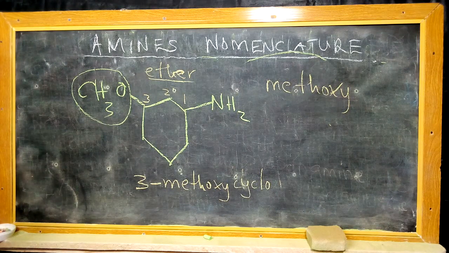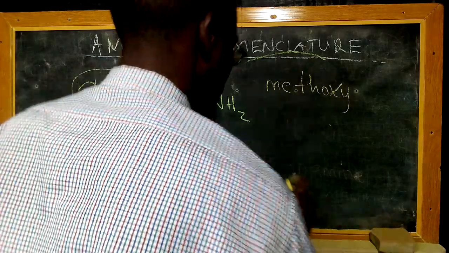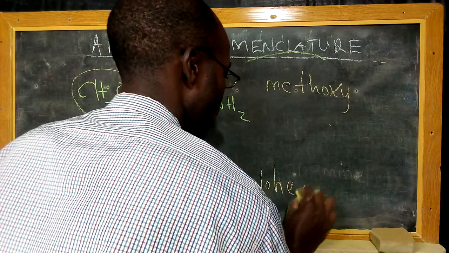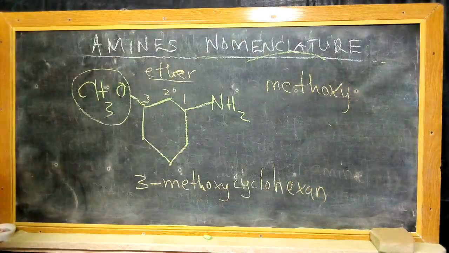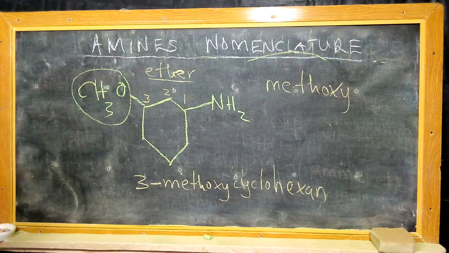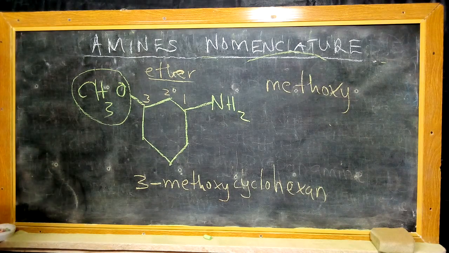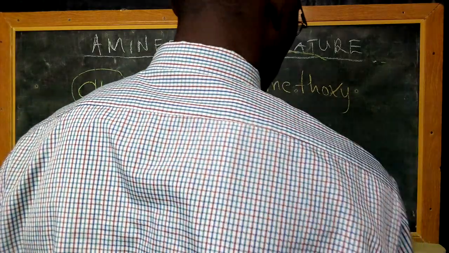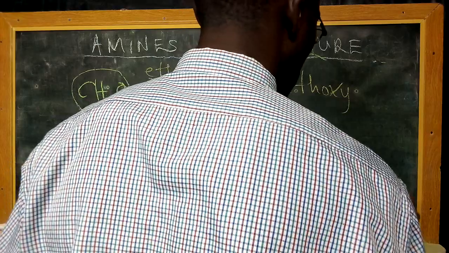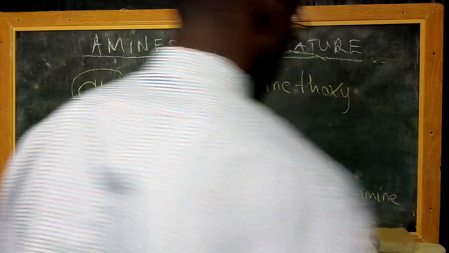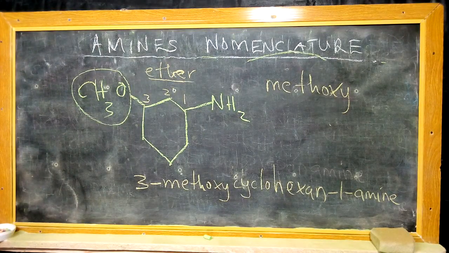It's a 6-member ring, known as hexane, so we shall have hexane, and then hexanamine. You can decide to put this one or just write hexanamine. So for that case, we've just indicated.